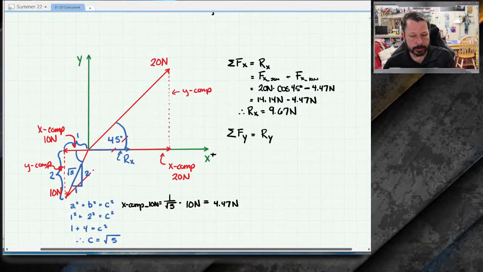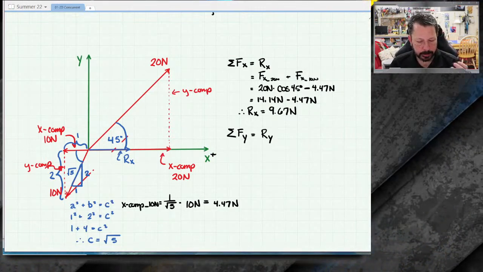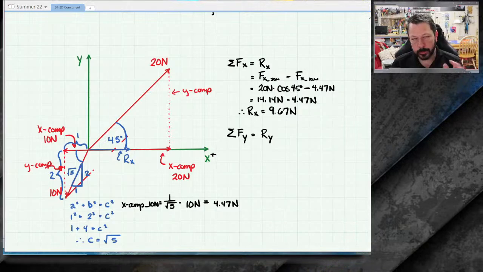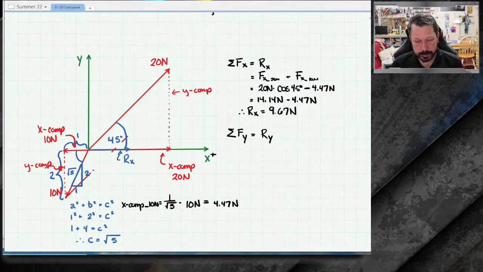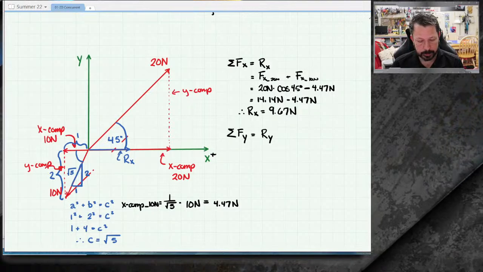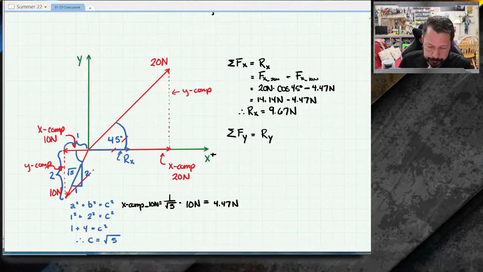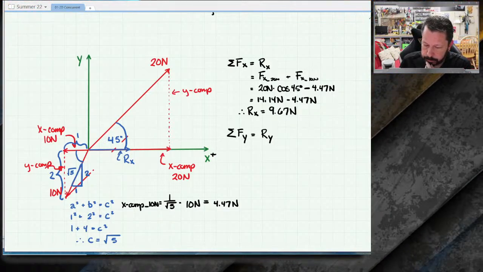One of them is clearly longer than the other. The 20 Newton is about twice the length of the 10 Newton one. That's what we're expecting, that it's going to be about twice as much, which means the y component of our resultant should be going up a little bit.